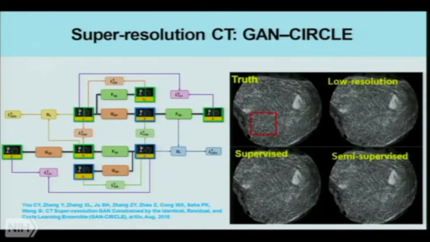Several days ago, we posted an article talking about super resolution CT, and we gave the network a name, GAN-CIRCLE. The CIRCLE really means constrained by identical residual and cycle learning ensemble. So putting it together, we can take low resolution micro CT images and improve them through supervised and semi-supervised learning, very close to the full resolution, high resolution counterpart.